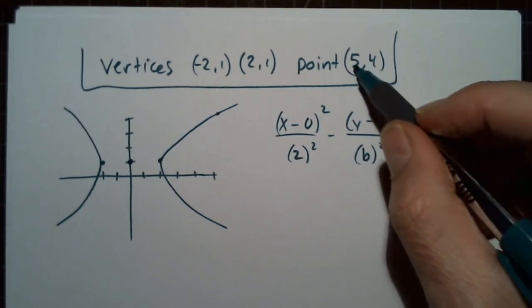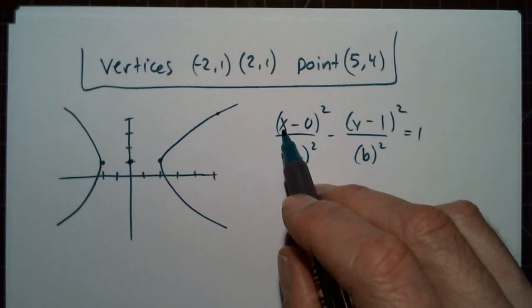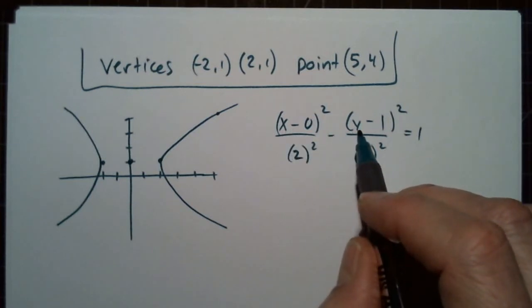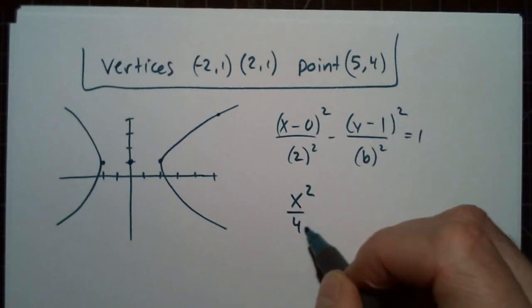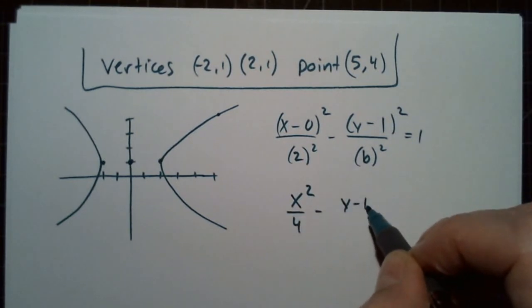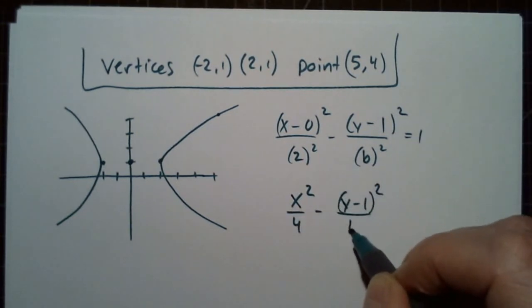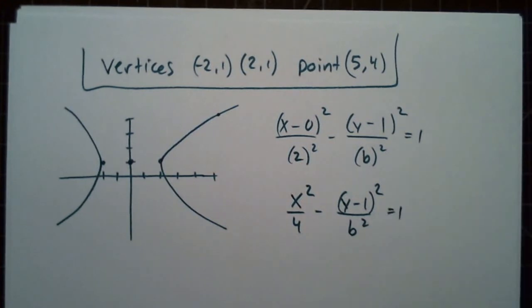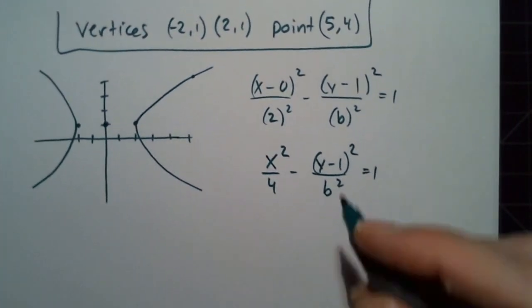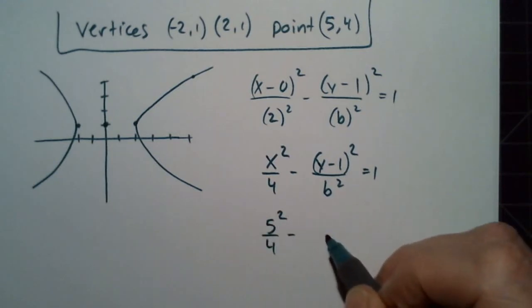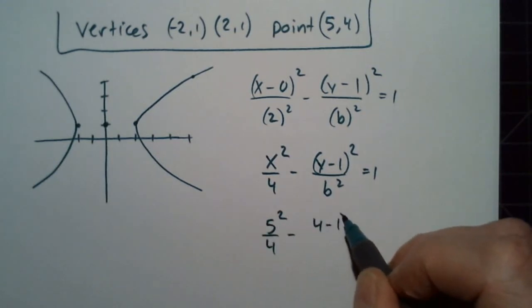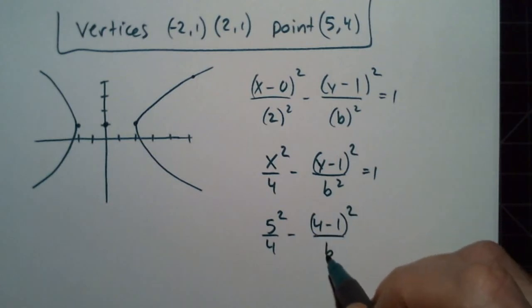But now we use the x and the y. We're going to place the x with a 5 and the y with a 4. Let's rewrite this. So now that'll be a 5 squared and a 4 minus 1 squared.